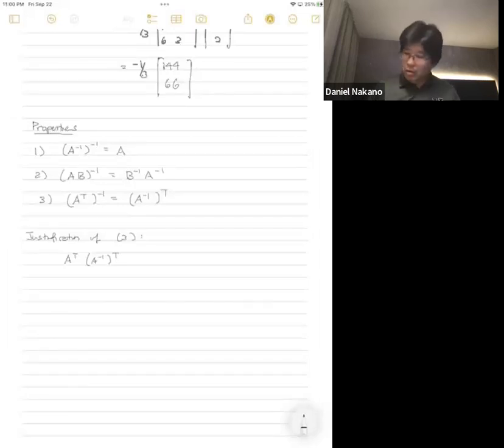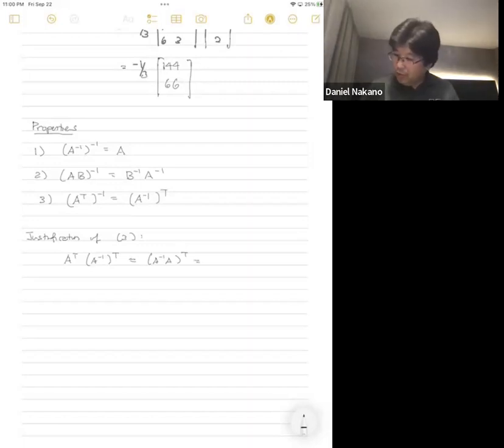Okay, so let's do that. The first thing is, what do we know about the transposes? Well, if I take B transpose A transpose, that's (AB) transpose, right? So that's going to be A inverse A transpose, by the property that we did in the last class.